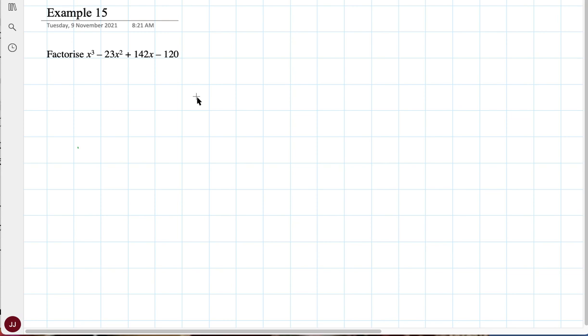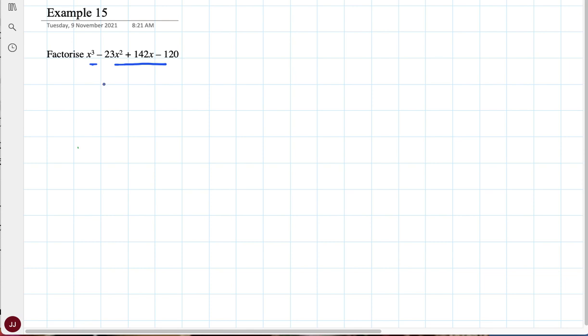We can use the splitting method in case of a quadratic polynomial, only if it is an x square and these terms. But we have a cubic one, so we have to split this by using the factor theorem.